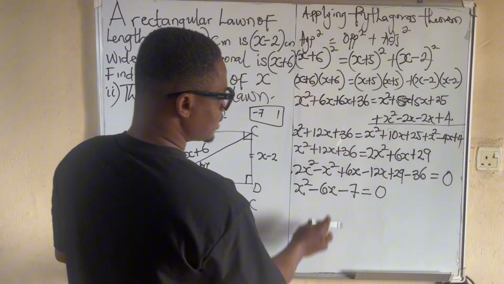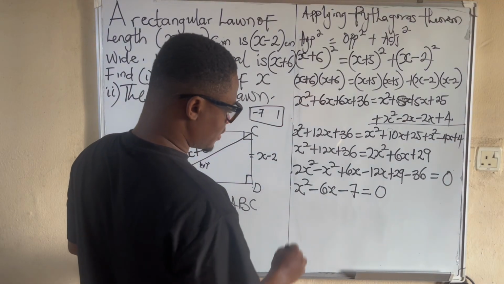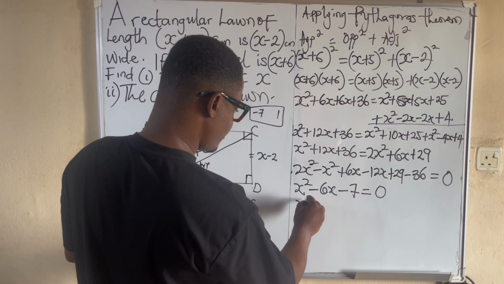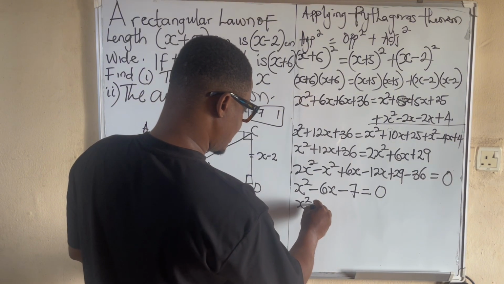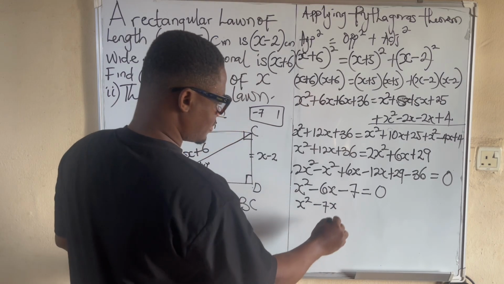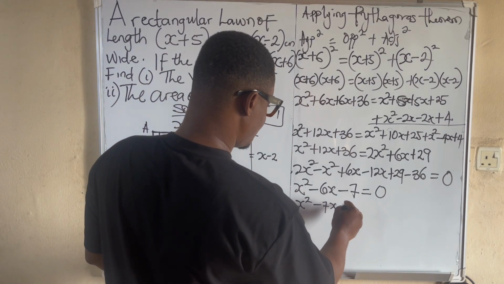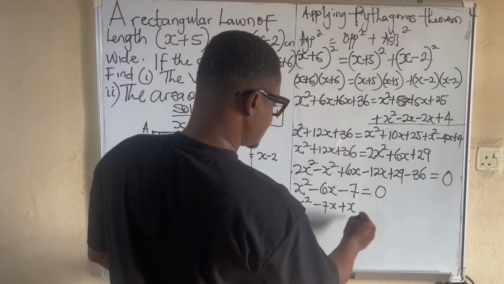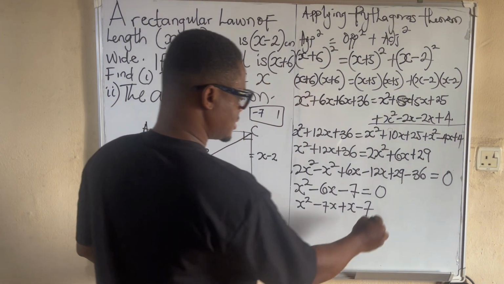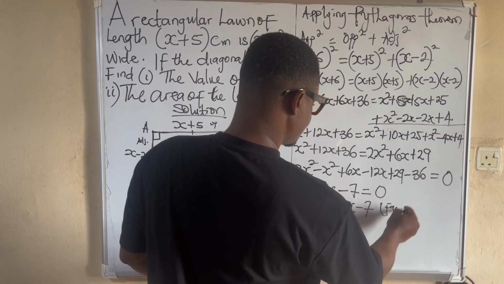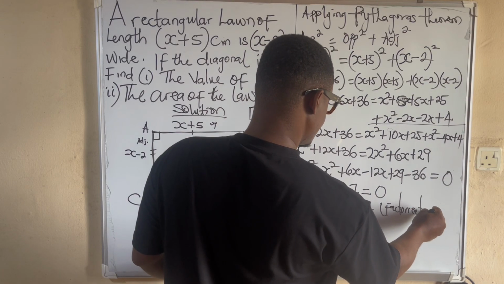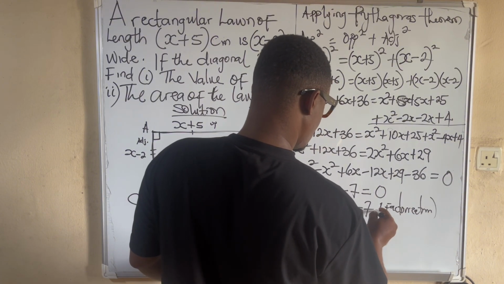So by using factorization method, we have that this is x squared minus 7x plus x minus 7. This is equal to 0.